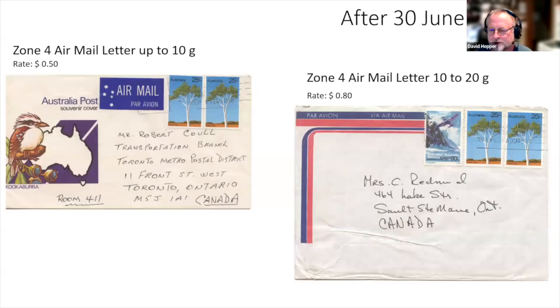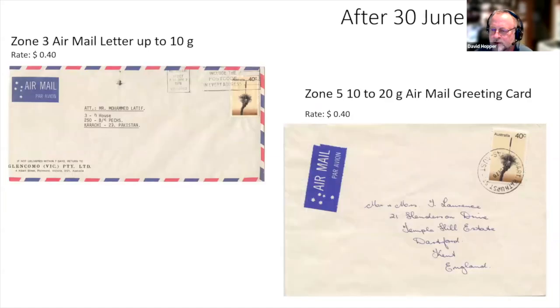Zone 4 letter rates, again, it's a 50-cent rate or an 80-cent rate. Various ways of making it up. Zone 3 to 10 grams, zone 5, 10 to 20 grams, but it's a greeting card. Australia has, if you mail it in December and it's unsealed, I believe is the rule.